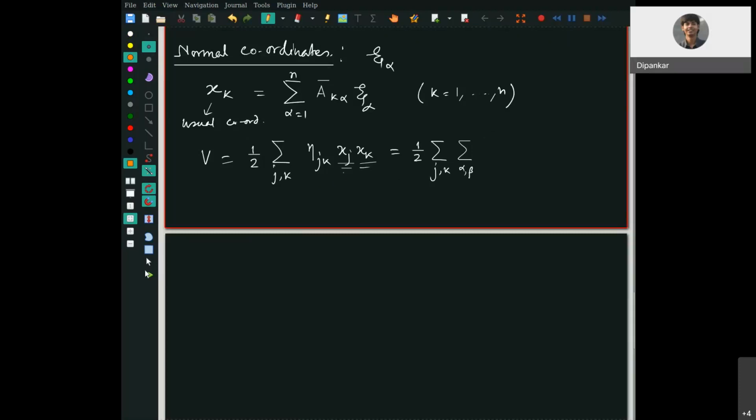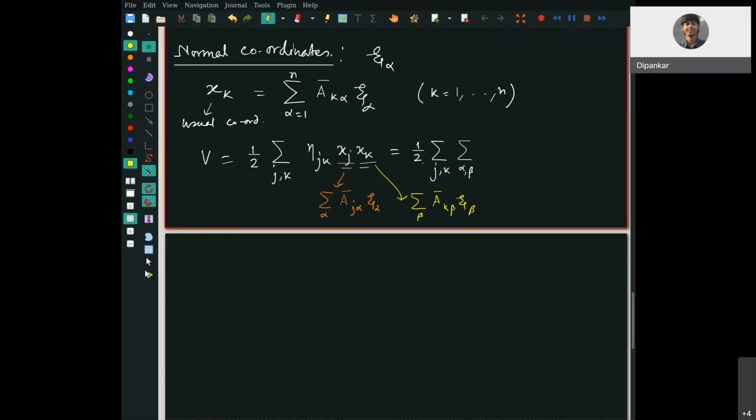Suppose I replace xj as summation over alpha a bar j alpha xi alpha. And similarly, I replace xk as summation over beta a bar k beta xi beta.